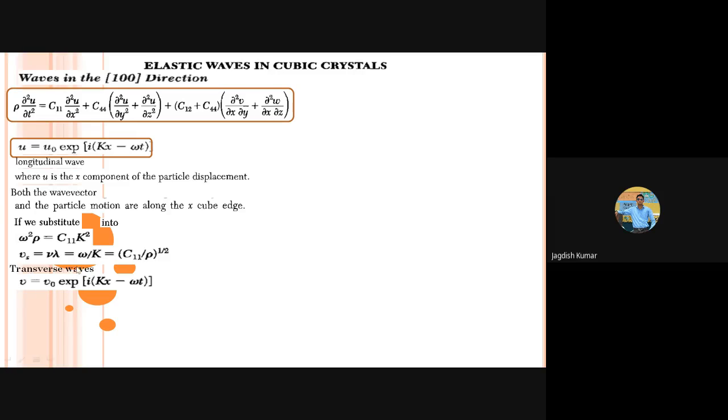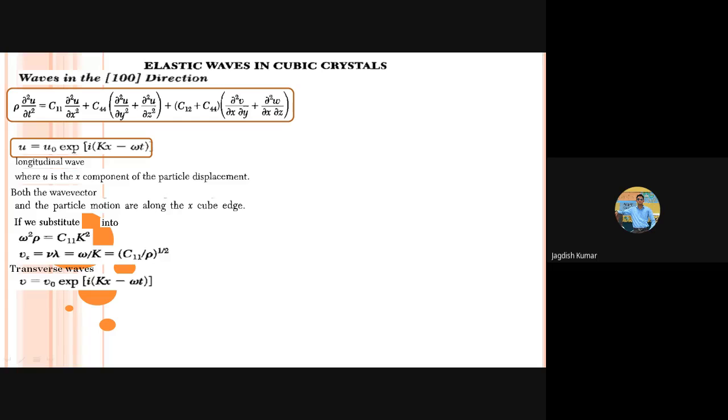So you can obtain transverse waves for oscillations along y direction, whereas the propagation of the wave is still along x direction. The oscillation of the particles or the small volume element is now along y direction.